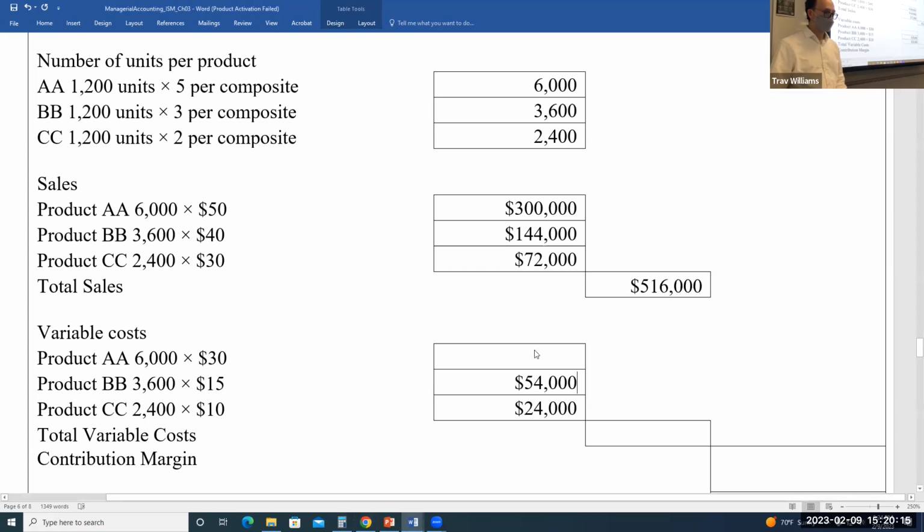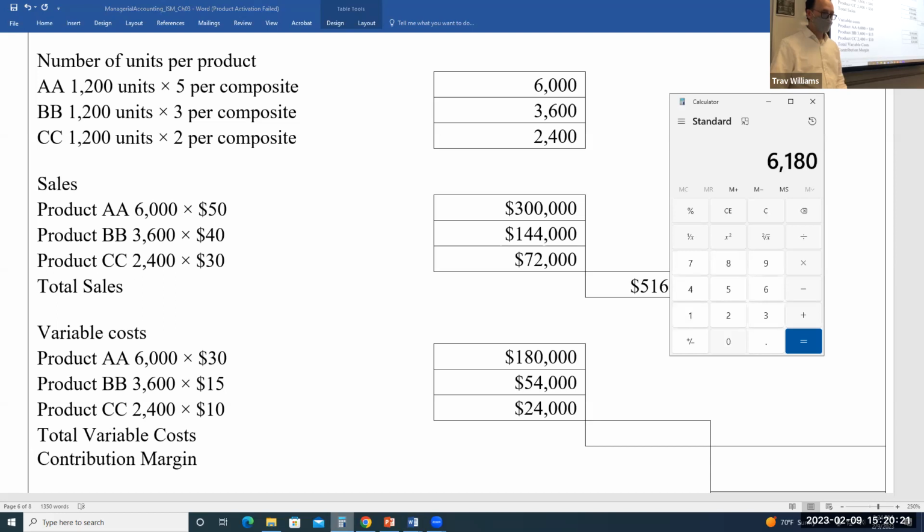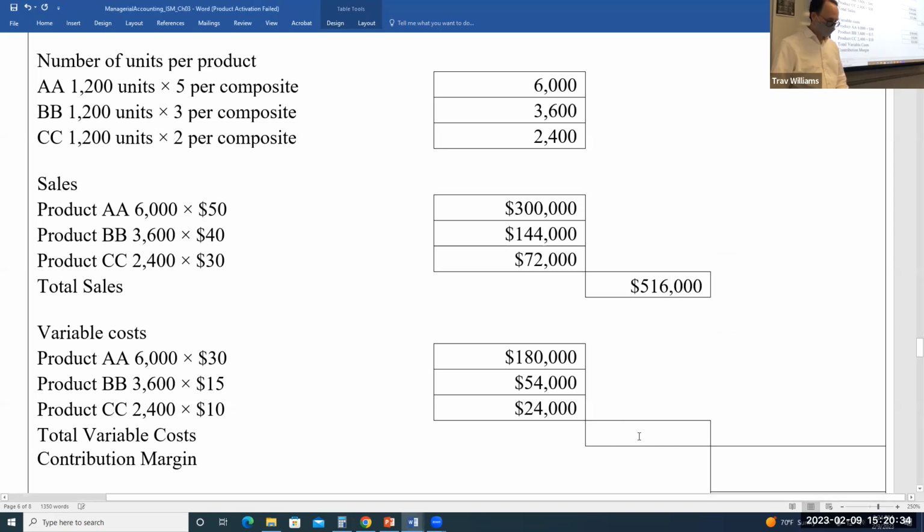That's 180,000, right? Add those together. $258,000. Okay, is that making sense so far? I know it's a lot of calculations.